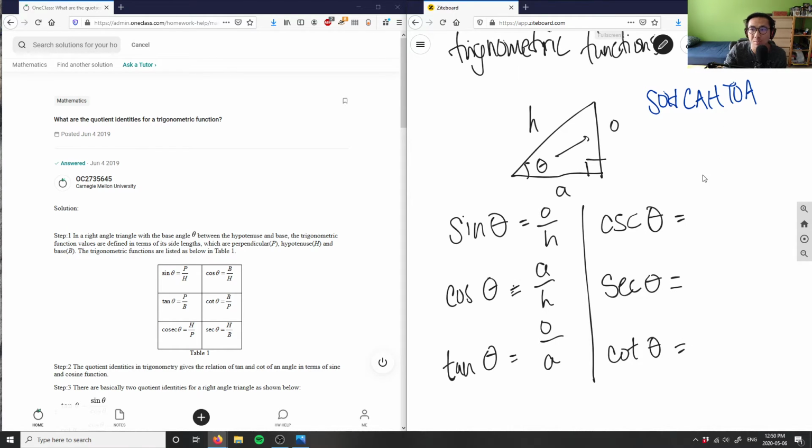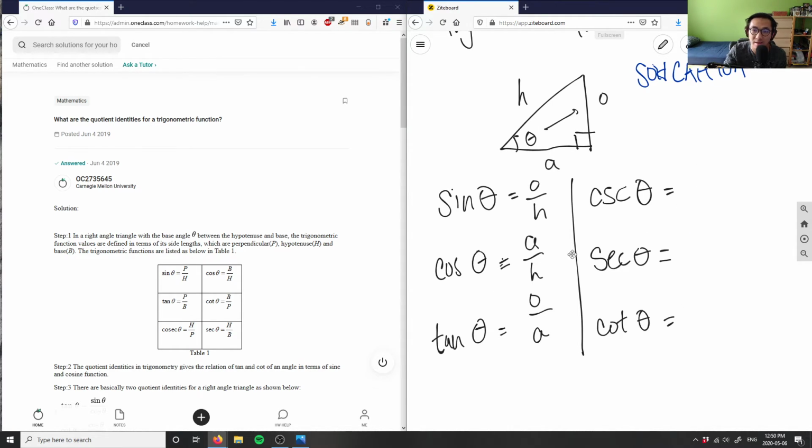We can think of them as these flipped, right? So this would be H over O, this would now be H over A, and this would be A over O, where A is the adjacent, O is the opposite, and H is the hypotenuse of the triangle.